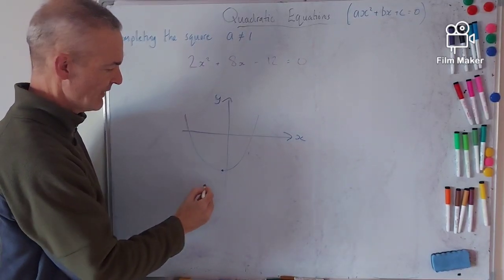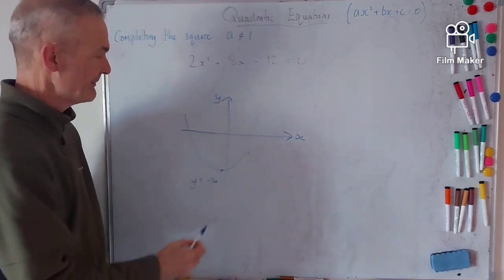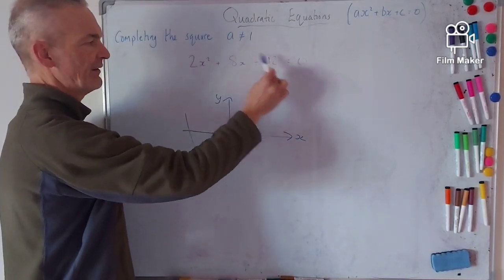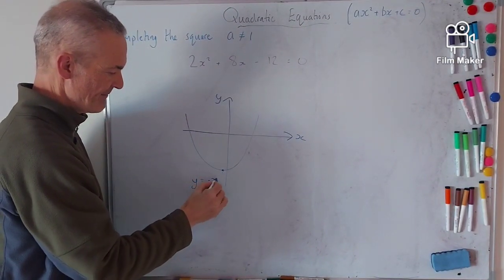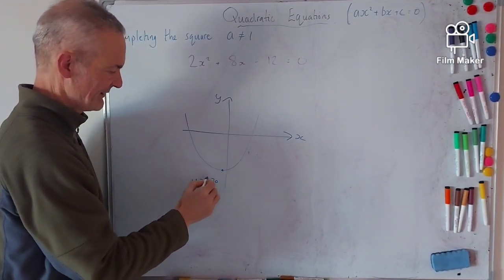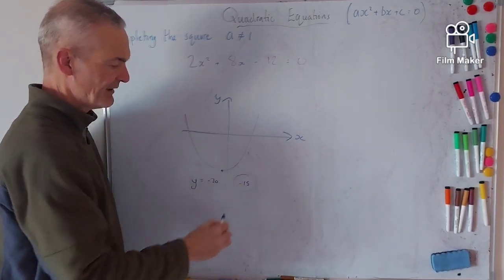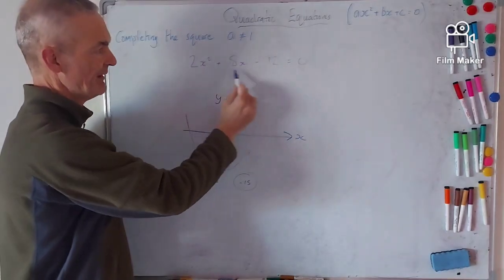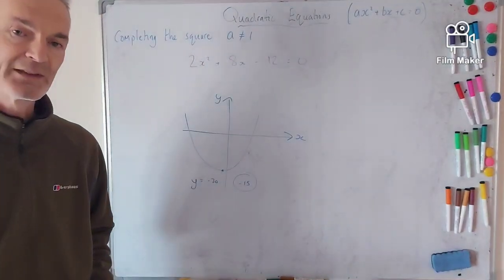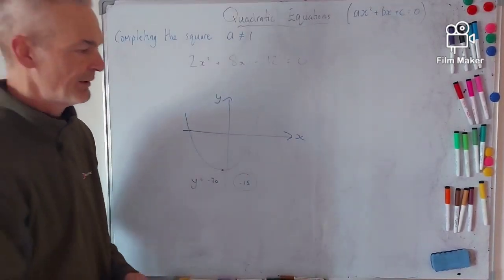So if the y coordinate of this was, say, minus 30, dividing through by 2 to start with is going to make this come out at minus 15. And that's not going to be the right answer. Minus 30 is what we're looking for. So don't be tempted to simplify that to start with. Leave it as is and complete the square from that point.